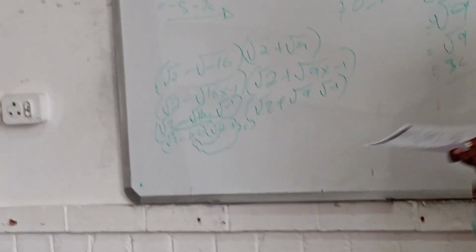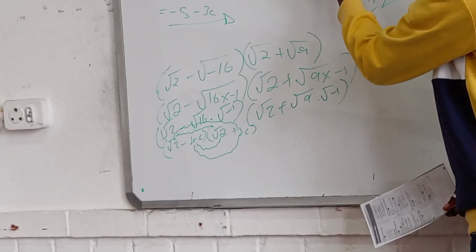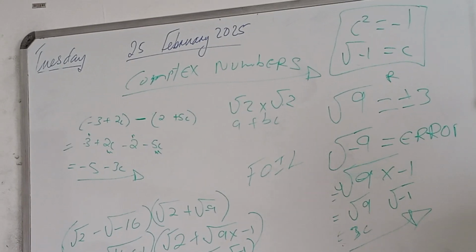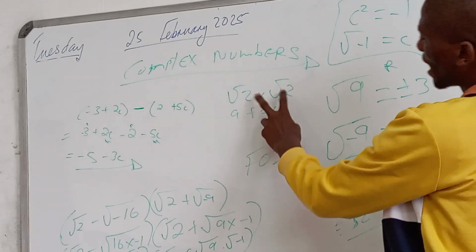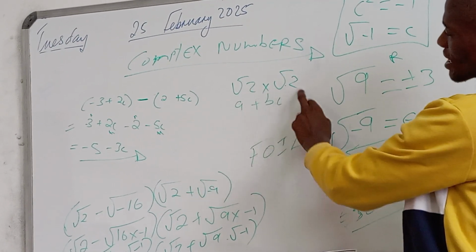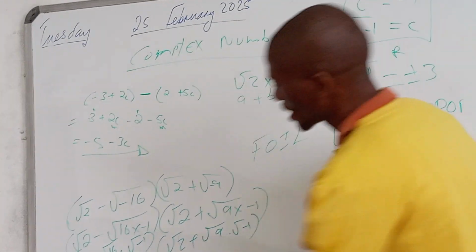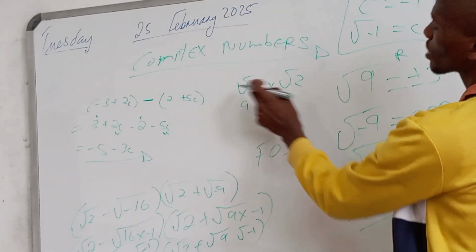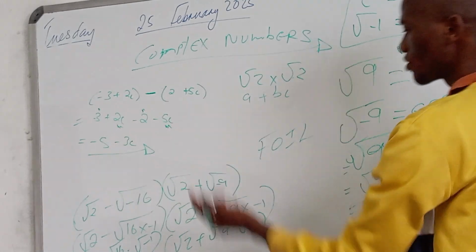So here, what we have to know, guys, is that square root of 2 times square root of 2 is easy, because if you are multiplying the same number, 2 times 2 is 4, square root of 4 is 2. Then we just put 2 here.